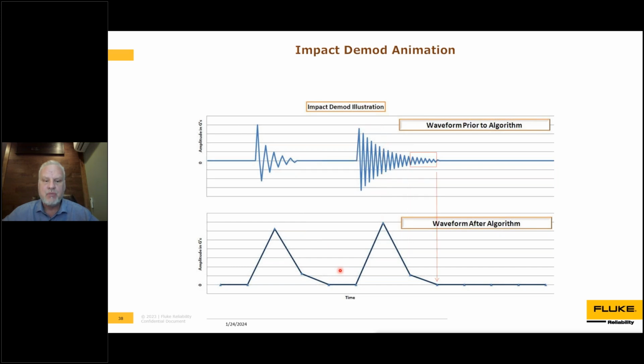So it reduces the sampling time significantly so that we get that compressed data set while maintaining those max amplitudes. Because again, the two things we're interested in are the amplitude, which tells us severity, and the period or the timing of those impacts. And this preserves both of those items. So that's why this methodology is a little bit different.